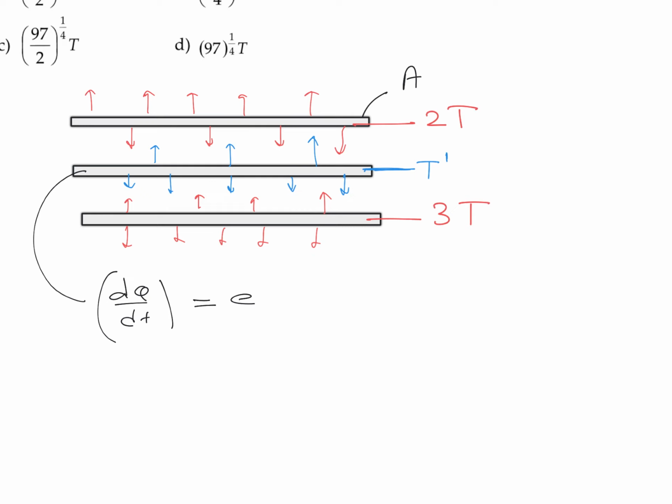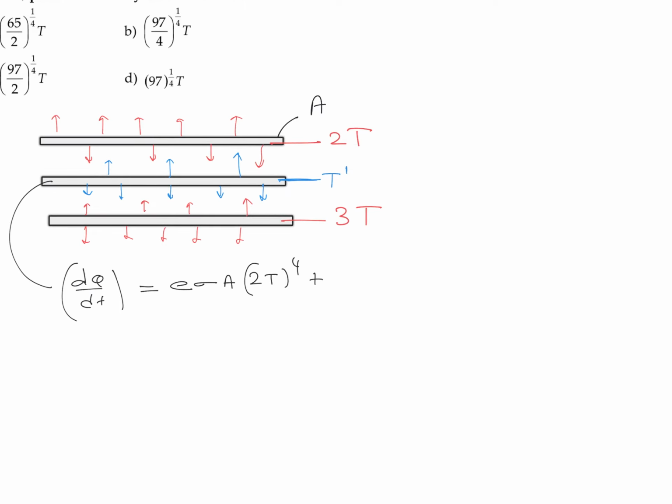That is E sigma A into (2T) raised to 4, plus the energy emitted by the third plate, E sigma A into (3T) raised to 4.